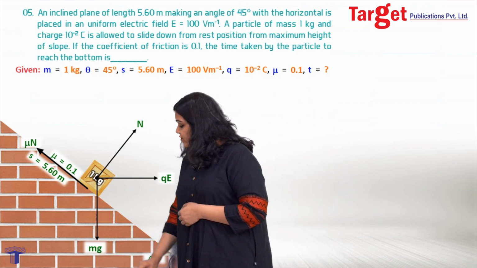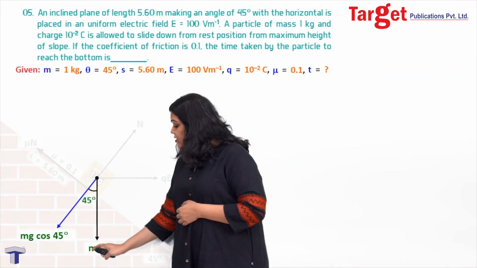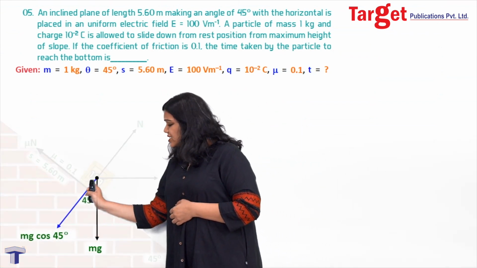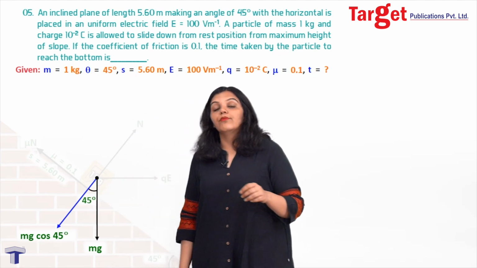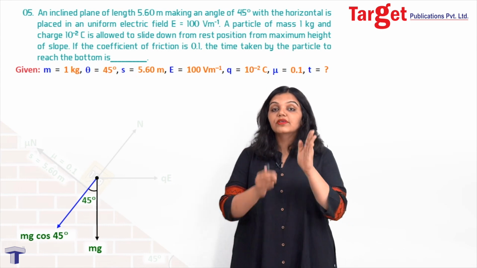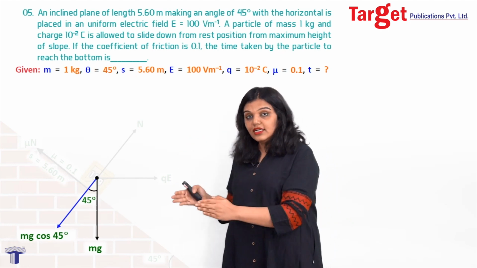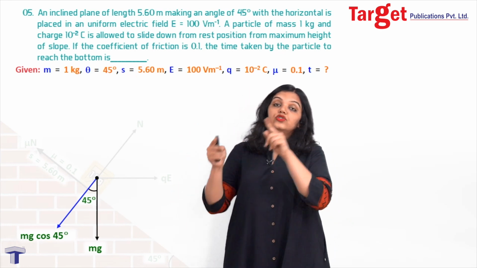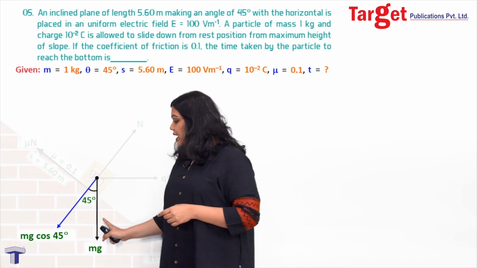So let's start by resolving mg. If you want to resolve mg, we'll see that the angle that mg makes with its component which is perpendicular to the inclined plane is 45 degrees. Remember, I told you about this little tidbit: if the angle between two lines is some theta, then the angle between two other lines which are perpendicular to these two lines will also be theta, and that's the logic we have applied here.